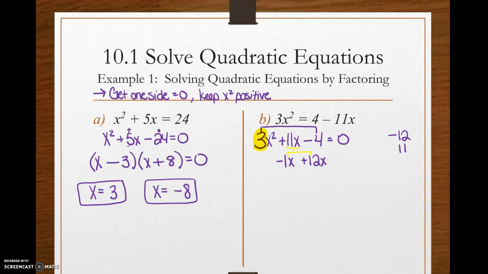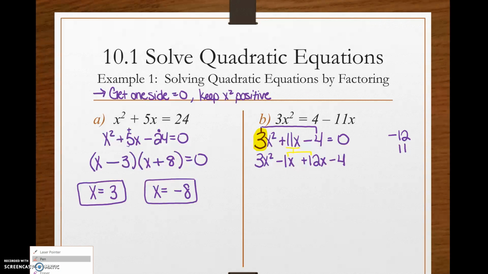If I were to combine negative 1x and 12x, I still have 11x. Do you all agree with that? So we basically uncombined the like terms, put your 3x squared in front, put your minus 4 after. We have created a 4-termed polynomial.